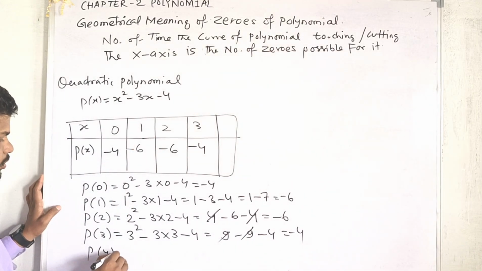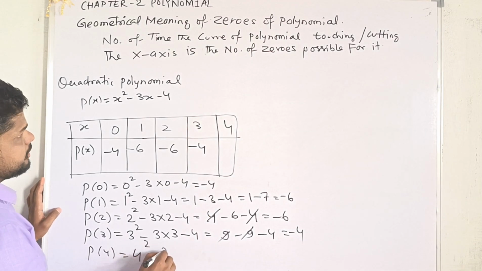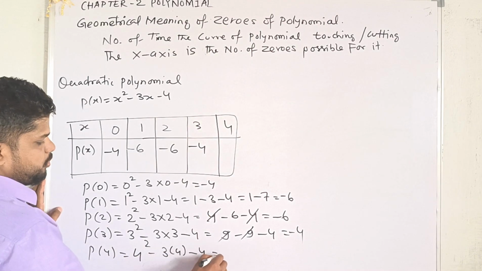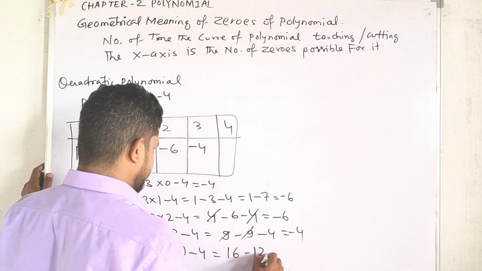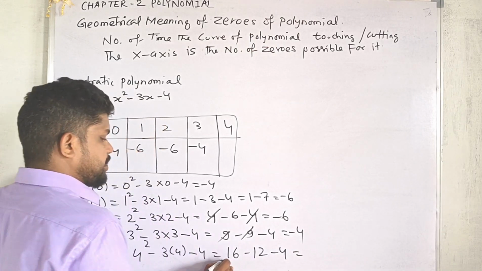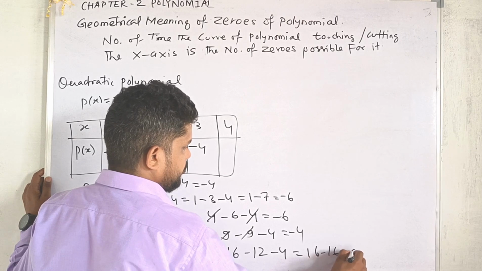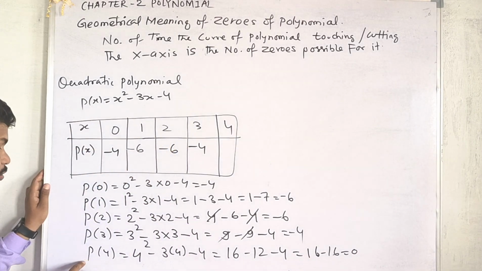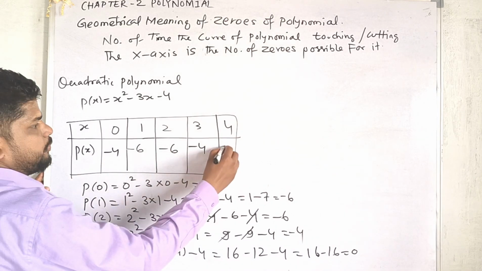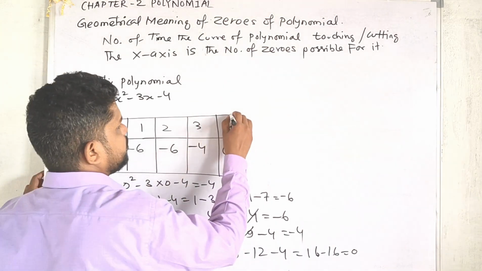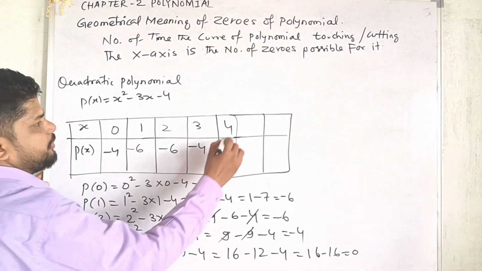Suppose x equals 4, then this will be 4 square minus 3 into 4 minus 4. 4 square is 16, 3 into 4 is 12, minus 4. 16 minus 16 is 0. So when we put x equals 4, p of x is 0. Okay. Now let us see the next natural number, that is 5.